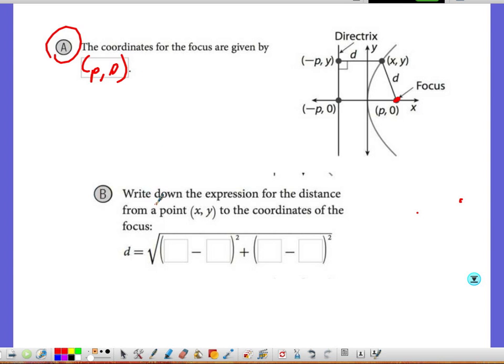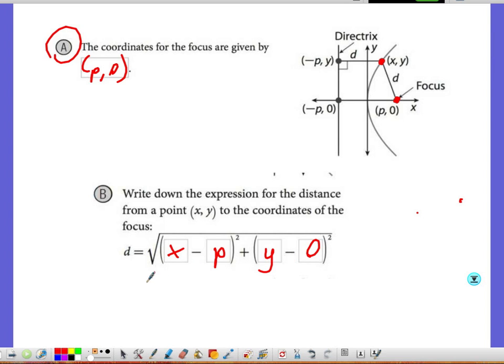Now, we want to write down the expression for the distance from a point (x, y) to the coordinates of the focus. So we want to substitute these coordinates into the distance formula. So we're going to put x and y here, and basically x2 is going to be p, and y2 is going to be 0.